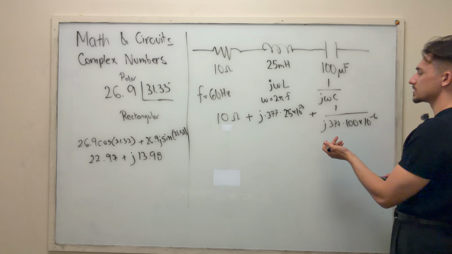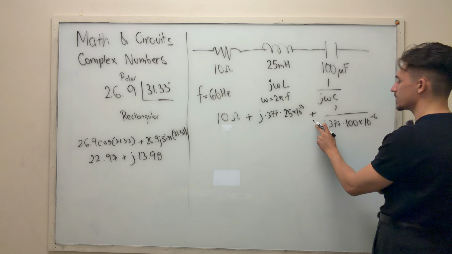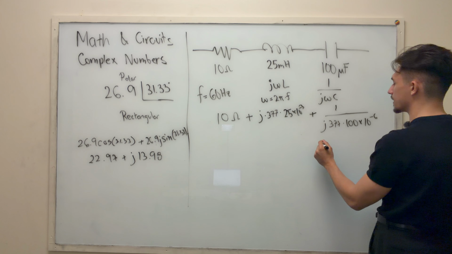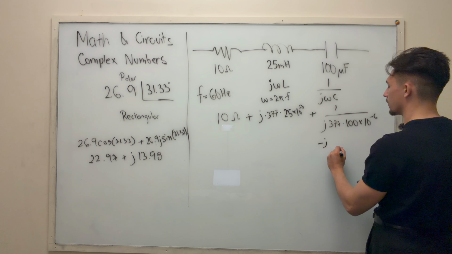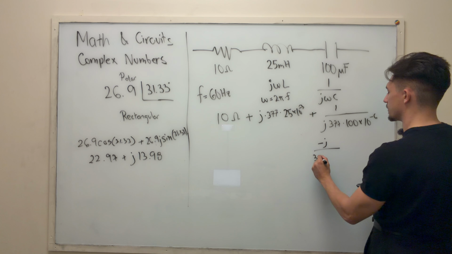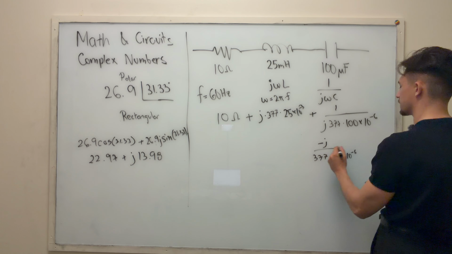And what's also nice is that 1 over J is equivalent to negative J. So you can also write it as negative J over 377 times 100 times 10 to the negative 6.